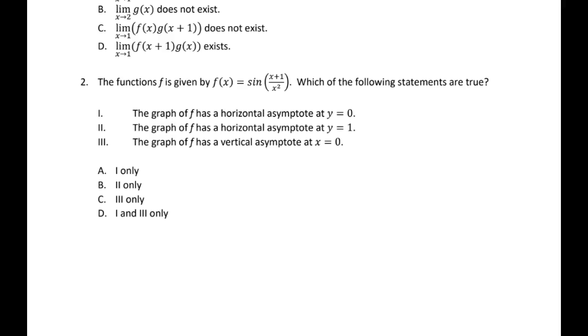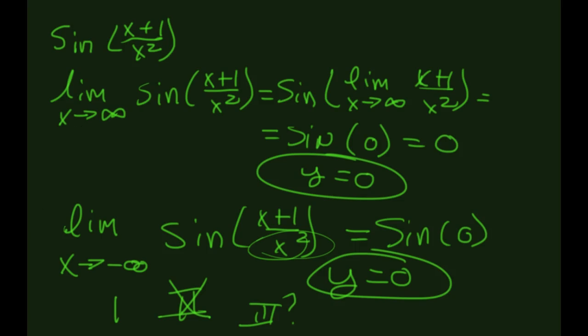Part 3 of the problem asks if it has a vertical asymptote at 0. Okay, so how do I know that f of x is equal to sine of x plus 1 over x squared does not have a vertical asymptote at 0?